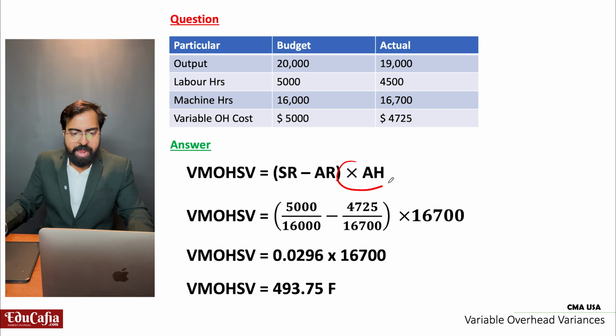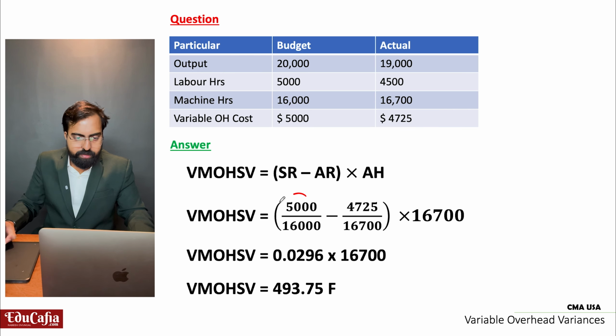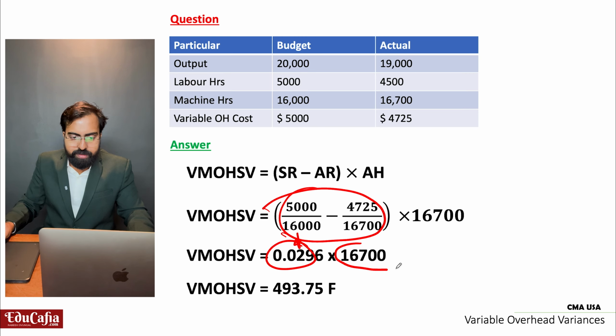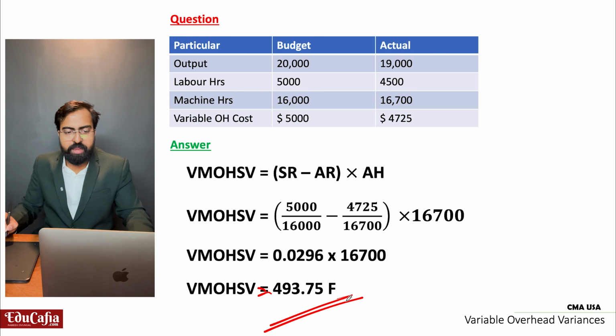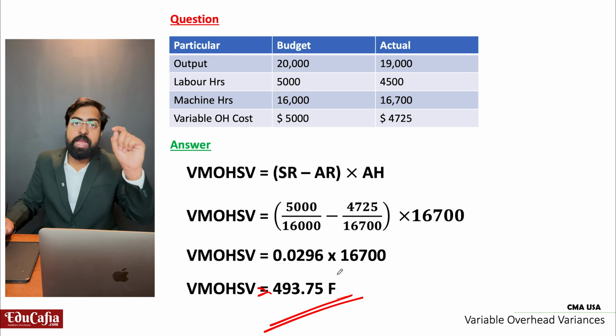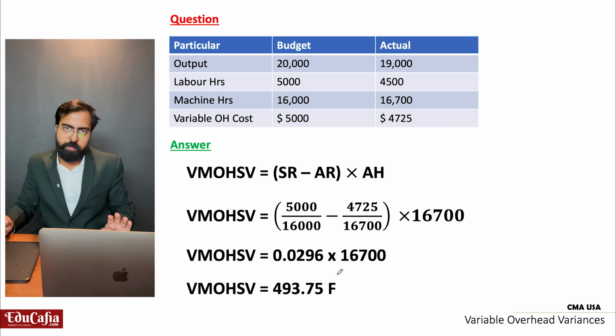Then multiplied by actual hour, 16,700. So this difference is 0.296, and if I multiply 0.296 by 16,700, that is equal to 493.75 favorable.